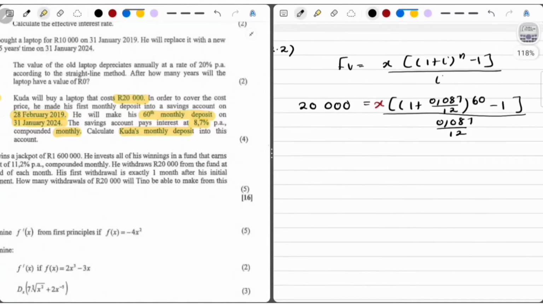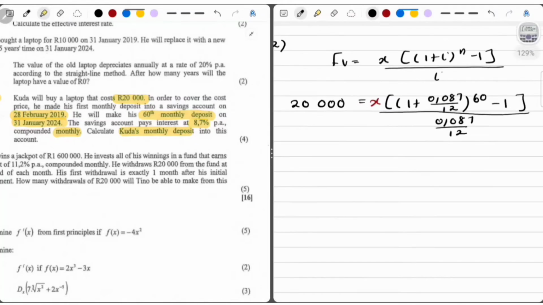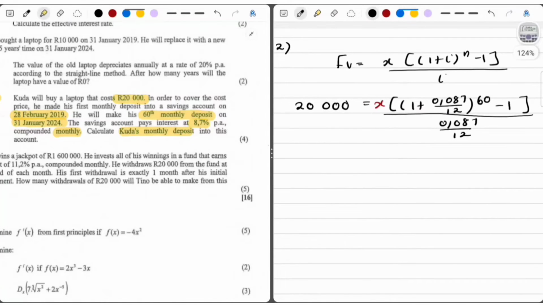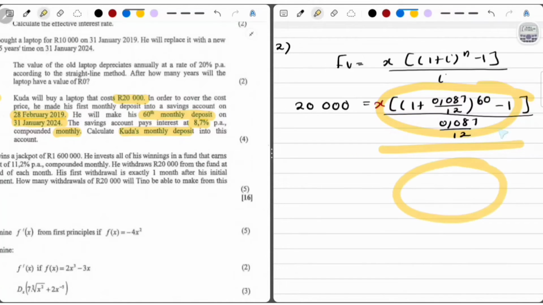So this is a common one where you have to solve for x because it's the monthly deposit. A way that you can do this is, imagine all of this is just one single number and you have x next to it. In order to solve for x, you would simply say all of this divided by that number that is there. And what you do on this side, you must do on this side. So you would say 20,000 divided by that number. Okay?